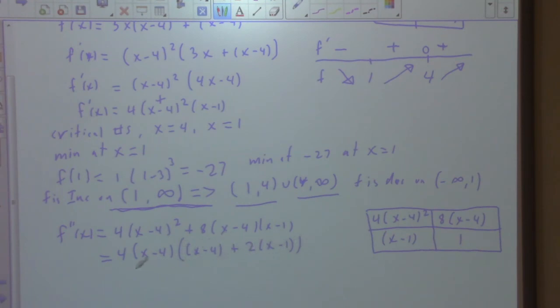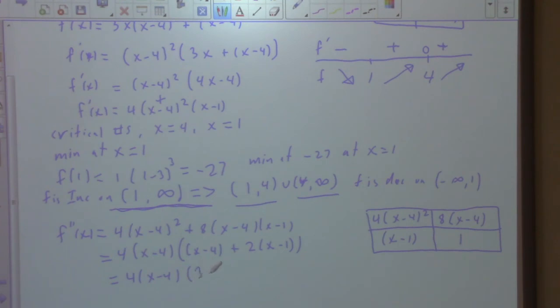So you're still going to have your critical number. Let's go ahead and actually have 4, x minus 4. And this one simplifies to, is it 3x minus 5? No. 3x minus 6, isn't it?